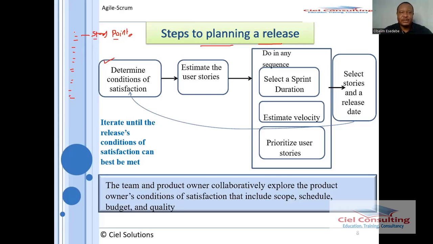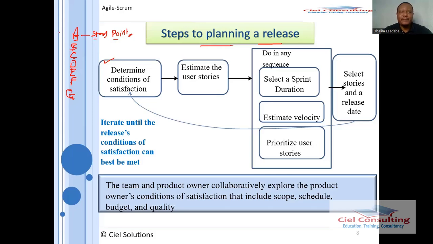So each user story is typically assigned what we refer to as a story point. So let's say you have user stories A, and then user story B, then user story C, then user story D, then user story E, then maybe user story F, then maybe user story G. Of course, don't forget, all of these user stories are features that we need to deploy within the solution or the product itself. So each of these user stories is now assigned a point, and that's what we refer to as the story point.